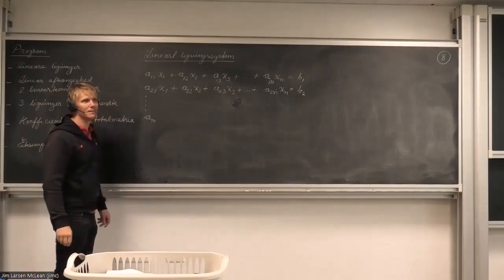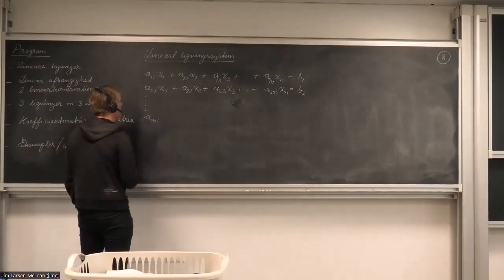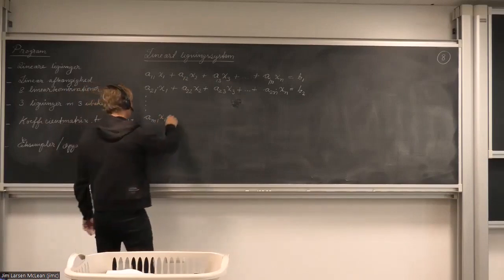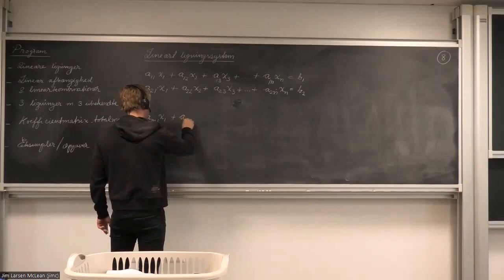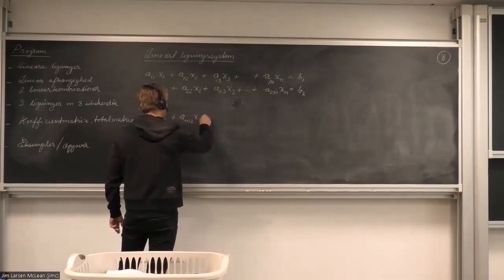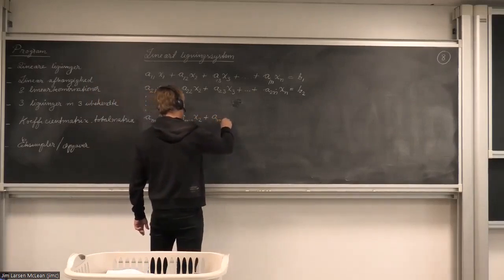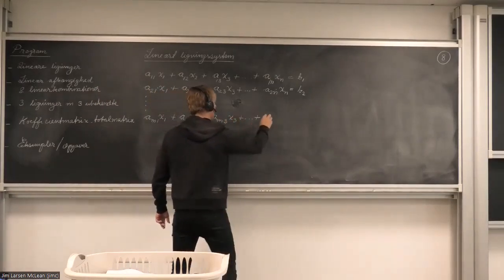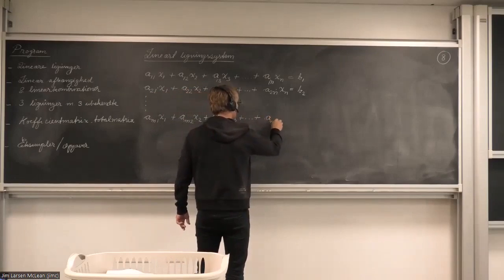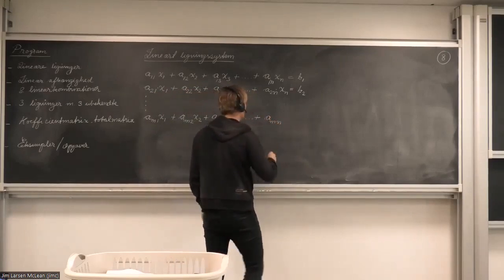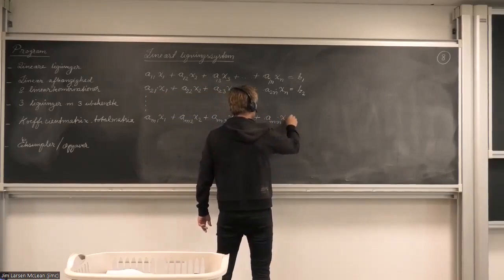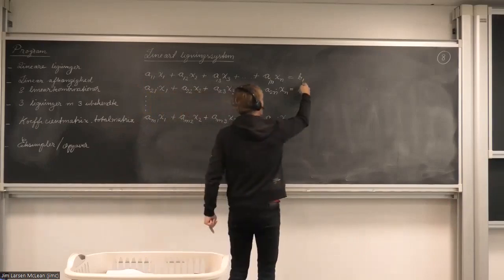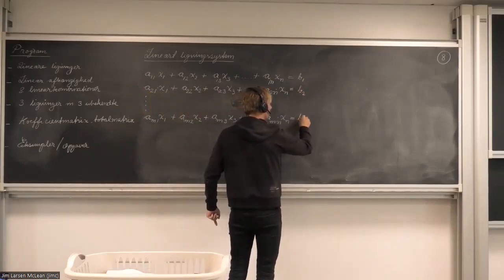So now I'm in the mth row, first column, and it is multiplied by the first unknown, and then it continues am2 x2 plus am3 x3, and we continue this way until I reach the mth row, last column, times the nth unknown. And how many rows were there here? m, so this should be b1, b2, b3, down to bm.